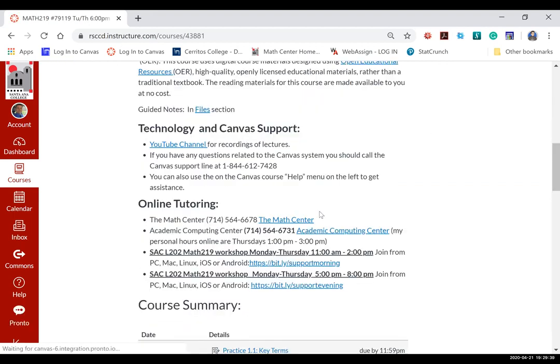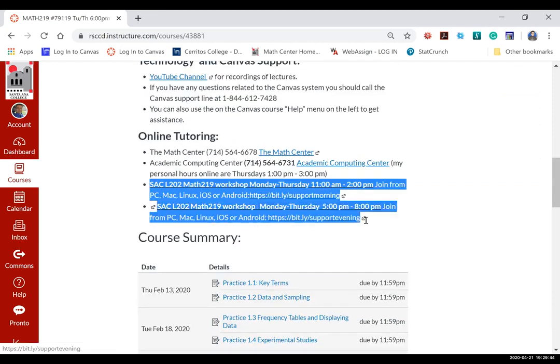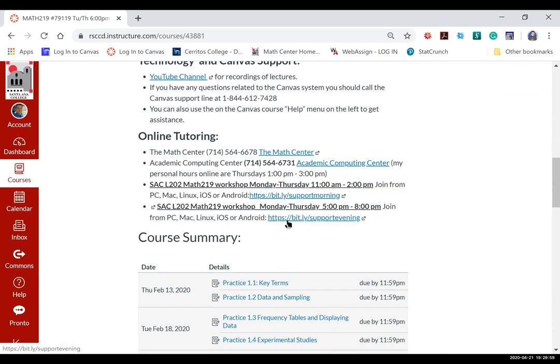It says SAC workshop here, Monday through Thursday in the morning, 11 to 2, and at night, 5 to 8. So maybe on the days that you don't come to class, Monday, Wednesday, you could go to the tutoring session from 5 to 8. You can join from any electronic device. And here are the updated links to those sessions, specifically for statistics.